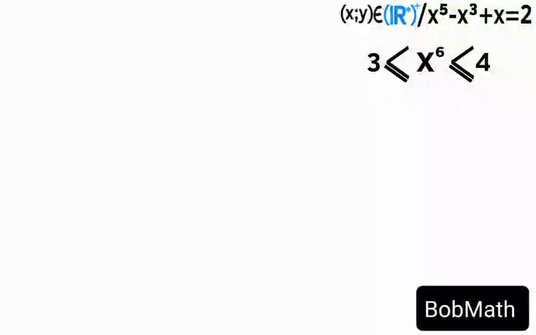Then continue the video. We know that x^5 - x^3 + x = 2. Now we multiply this equality by the number x + 1/x. So we get (x + 1/x)(x^5 - x^3 + x) = (x + 1/x) times 2.